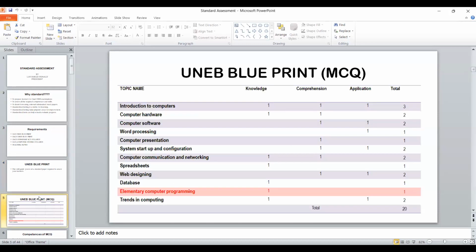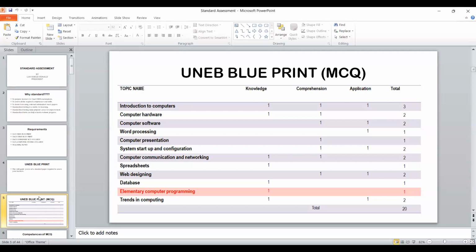I'm going to start with O level. At senior 4, these are the topics we have. We have computer studies. At senior 4, we call it computer studies, not even ICT. It is computer studies, CST. So when you are going to set the objectives for senior 4, you must first get this test blueprint.